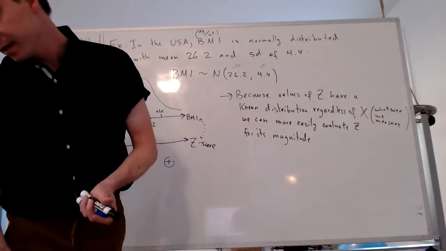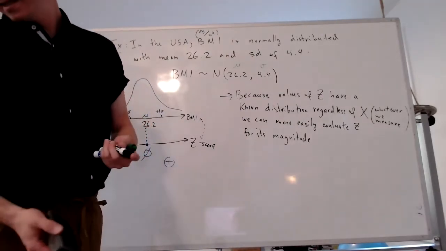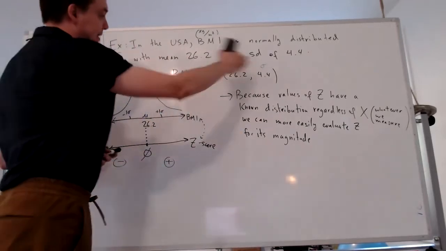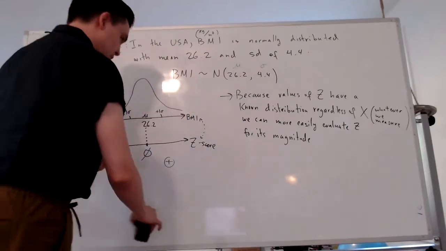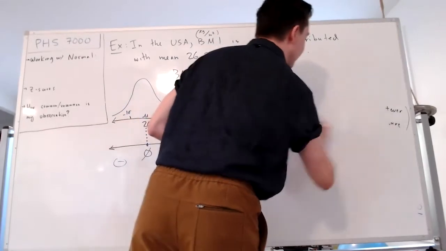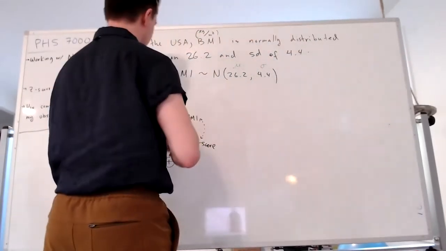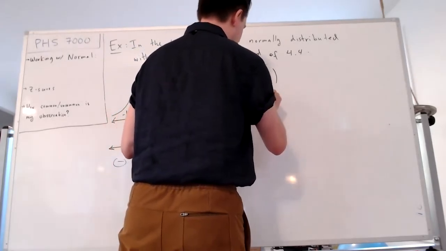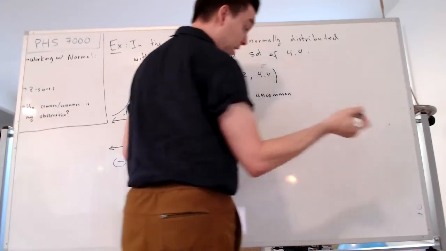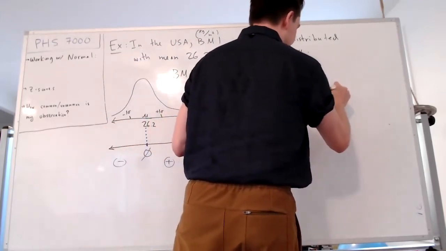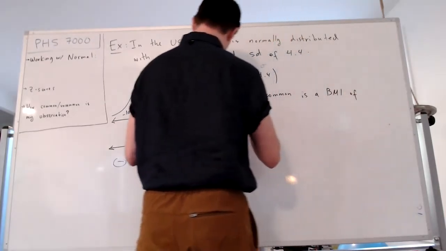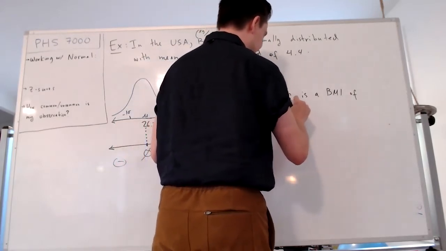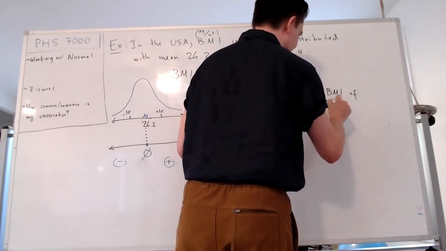For example, we can ask the question, how uncommon is a BMI of 24.5 inside of this distribution? How uncommon, how surprising is a BMI of 24.5 inside the USA distribution?